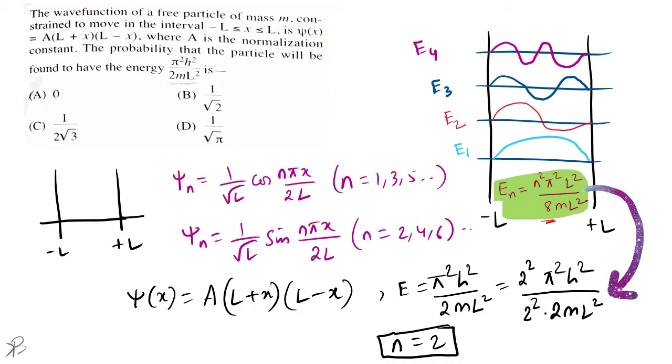Once again we'll go back to the question. It is said that the wave function of a free particle of mass m is the given wave function, where A is the normalization constant. Okay, so this is the information. The probability that the particle will be found to have the energy is. So in the question the energy is given. From the energy we'll find which excited state this is, and we found it is E2.